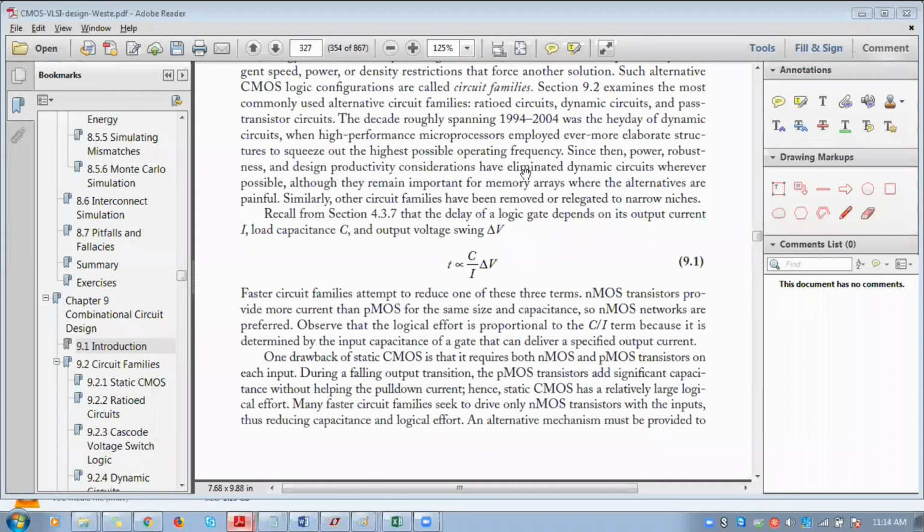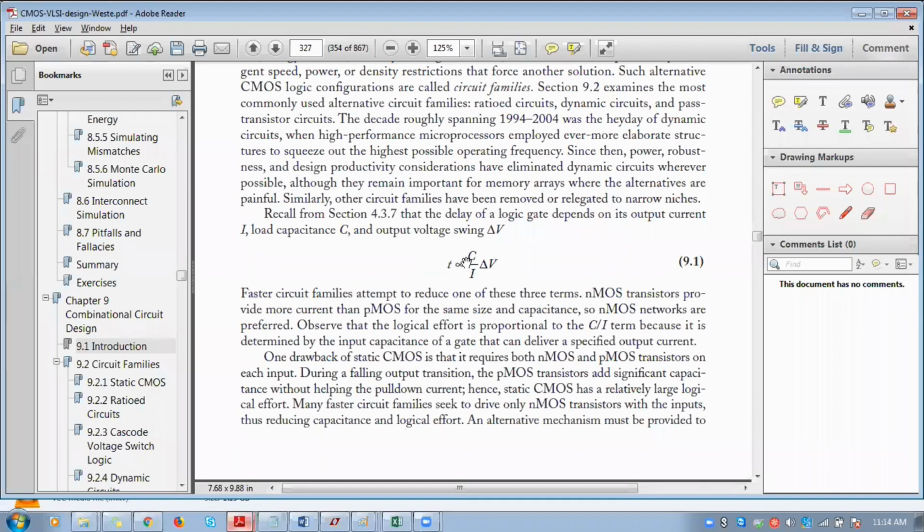As we have seen in short channel effect, as the channel length decreases, current also increases. So that's why we are combining C and I as a single term, C by I. So these are all interrelated things. Capacitance decreases, your current will improve, and consequently your time delay will be reduced.